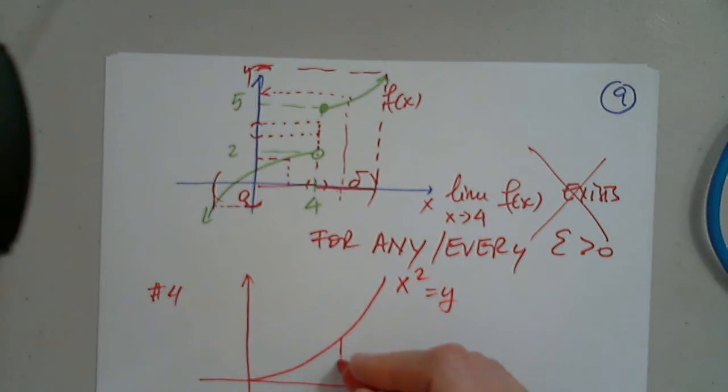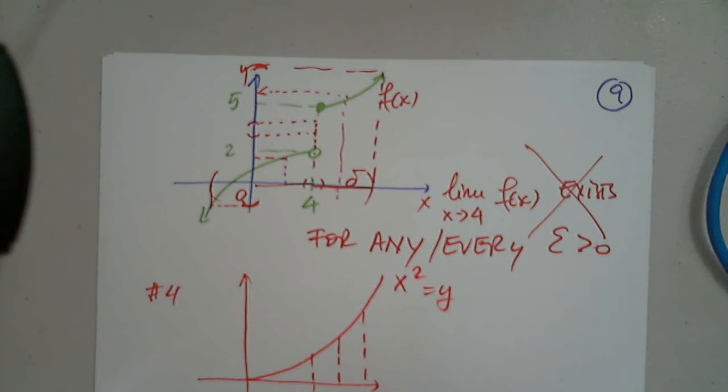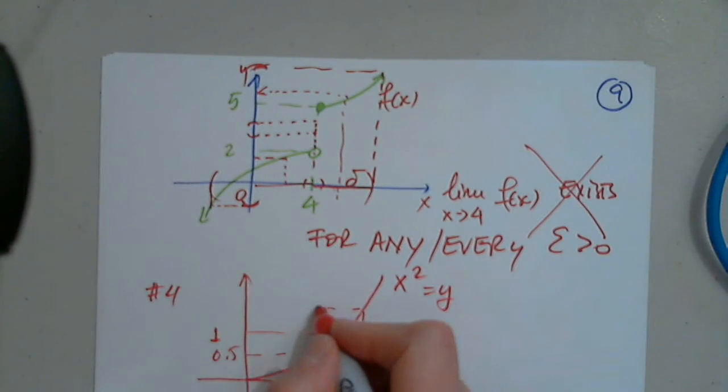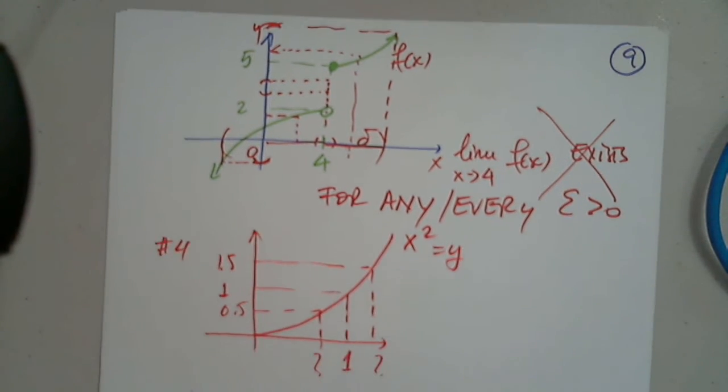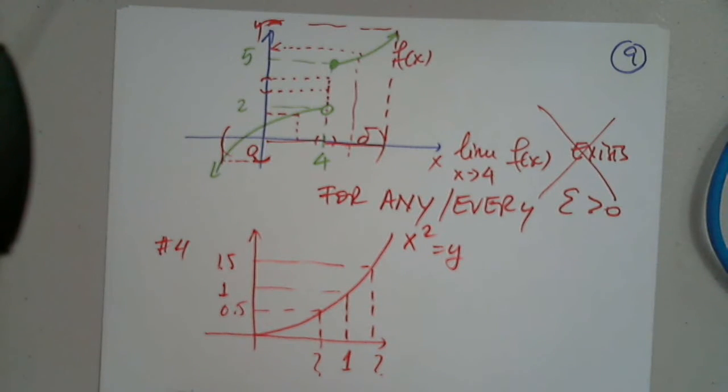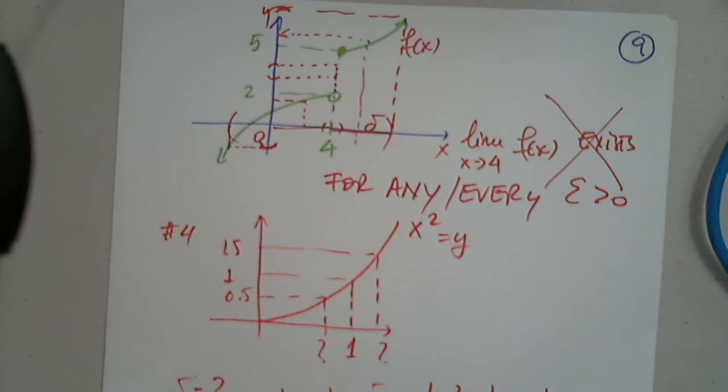Then we have 1, and then a question mark here, and then I have 0.5. And then we have 1, of course, and then we have 1.5. Okay, perfect. So they want us to find delta such that |x minus 1| is less than delta, and then |x squared minus 1| is less than 1/2. Perfect.